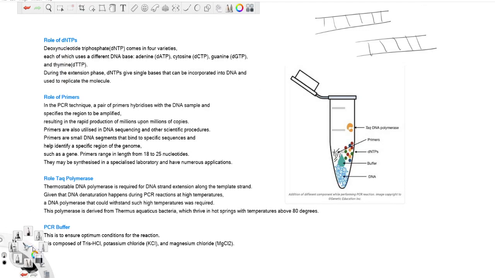And once we've opened them like this, the next step is we add more, expand them, and close them. And this process of denaturation, which is breaking these hydrogen bonds in the double-stranded DNA, needs an increase in temperature.